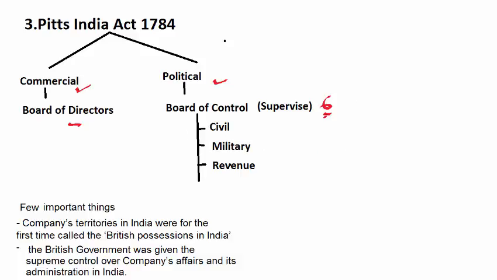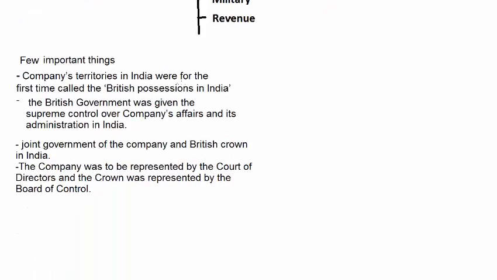A few important things related to Pitt's India Act 1784. First, the company's territories in India were for the first time called the British possessions in India. Second, the British government was given supreme control over the company's affairs and its administration in India. Since the board of control had members solely nominated by the Crown, the Crown had control over the company's affairs now.